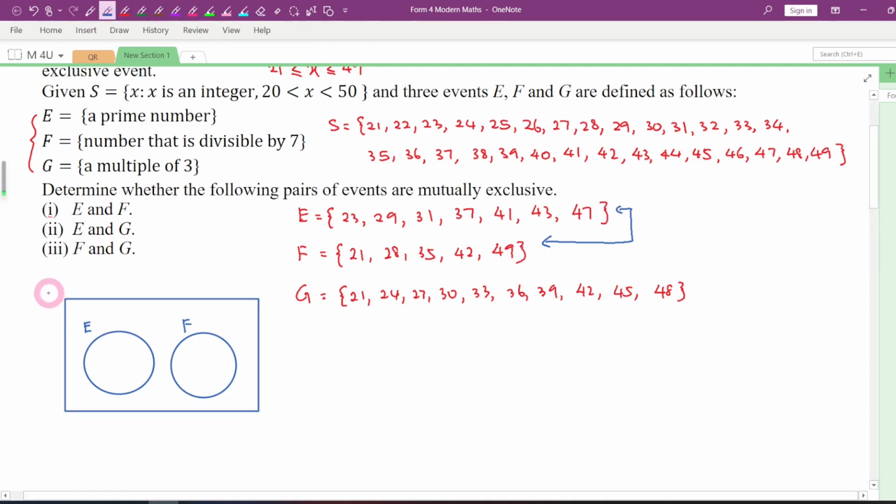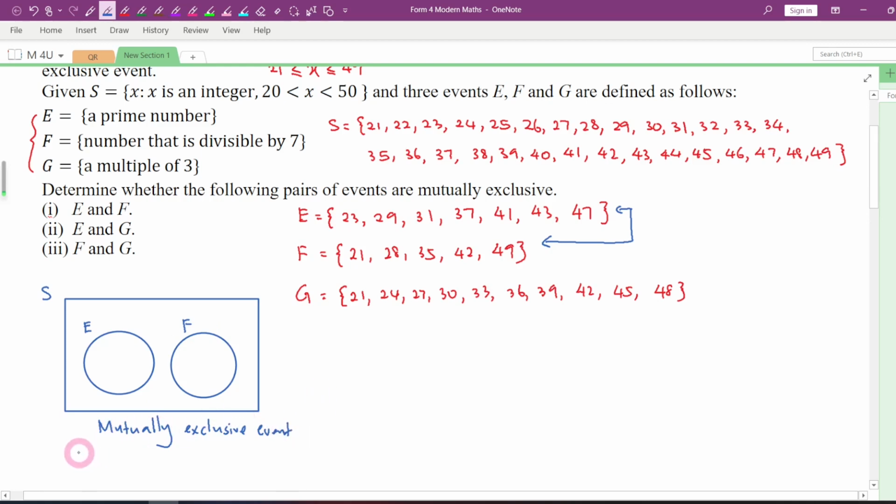Okay, sample space. Now in this situation, E and F do not have any overlapping area because they do not contain any common elements. So in this situation, we say that event E and event F are mutually exclusive events.